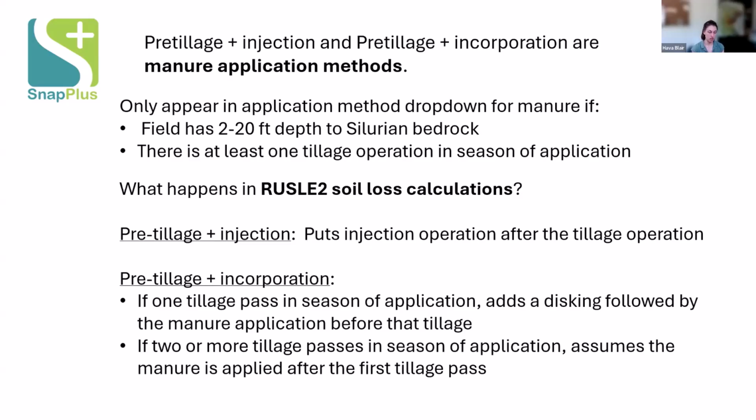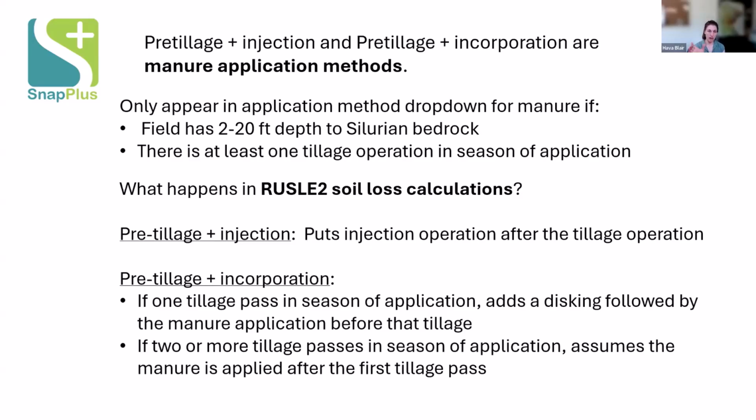Pre-tillage and incorporation, the way that looks in SnapPlus depends on the exact tillage system that you've picked. This again gets into what seasons you actually have tillage operations happening on the field. If you pick a type of tillage system that has just one pass in the season that you're putting on that manure, SnapPlus is going to add an extra disking operation to make sure that you can do the pre-tillage before the manure application.